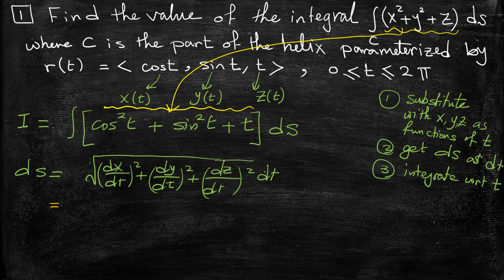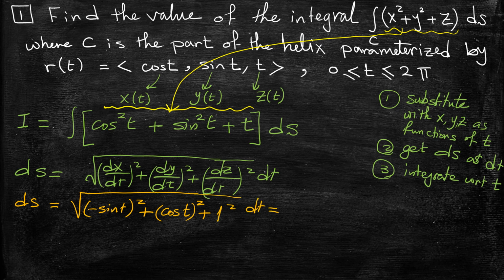So if we calculate this value, dx by dt, where x is cosine, will be minus sine t, squared. dy by dt, where y is sine, will be cosine t, squared. And dz by dt is 1 squared.